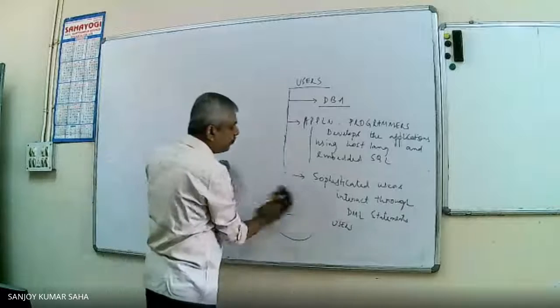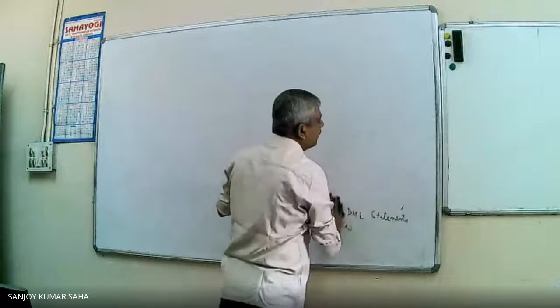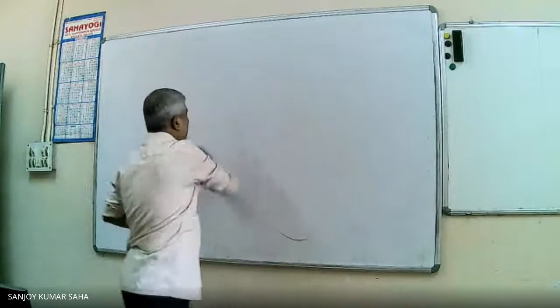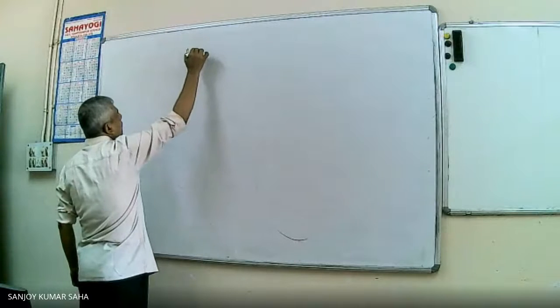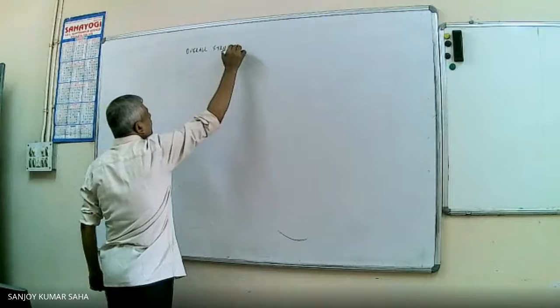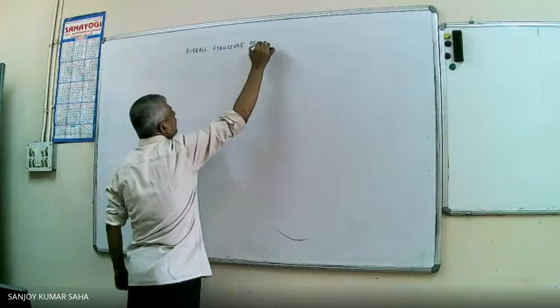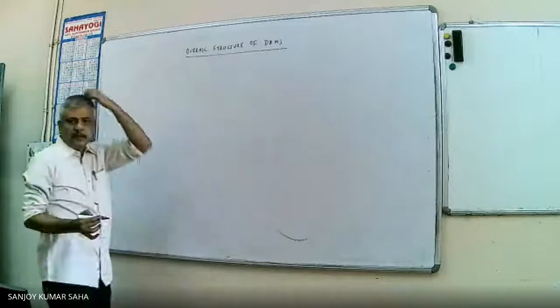Now, if we sum up the whole thing in a simple manner, the overall structure of DBMS looks like this.